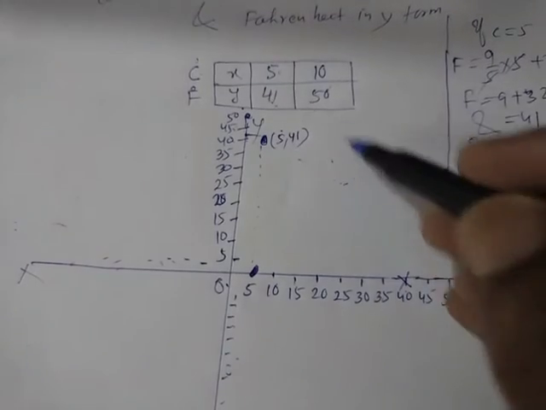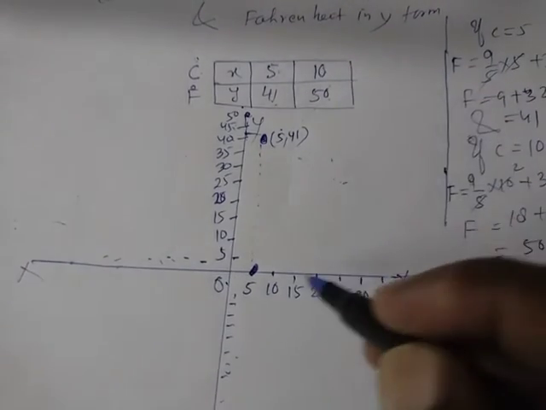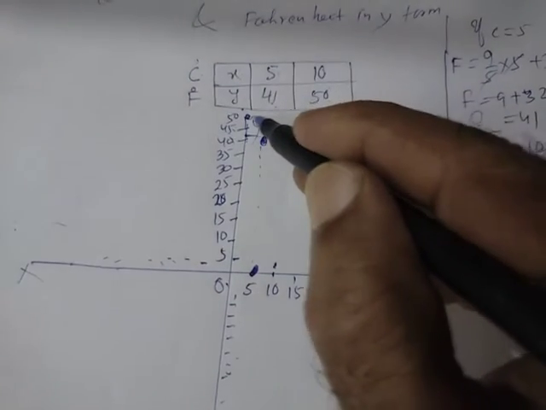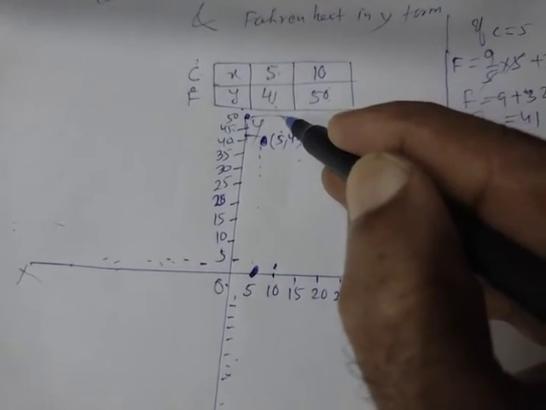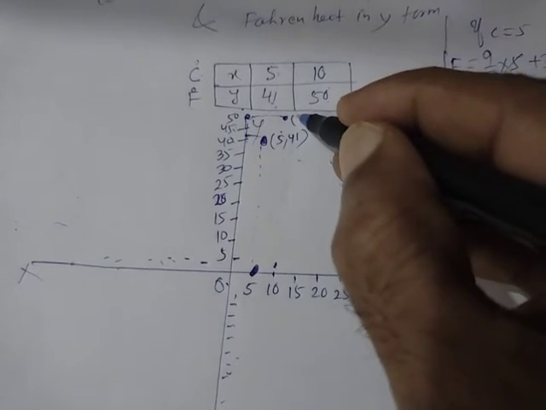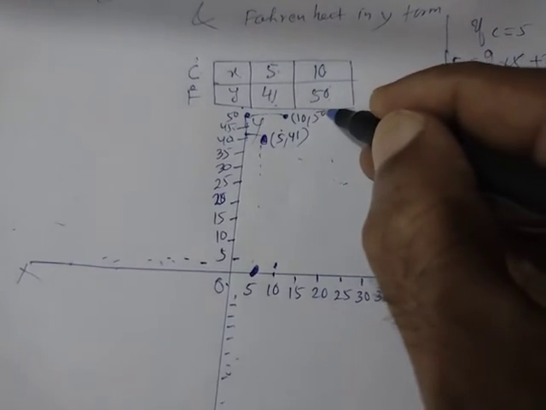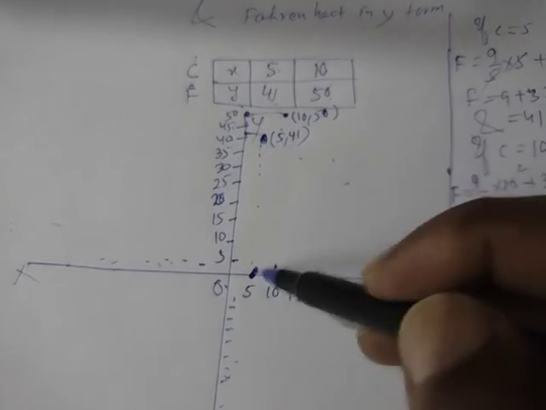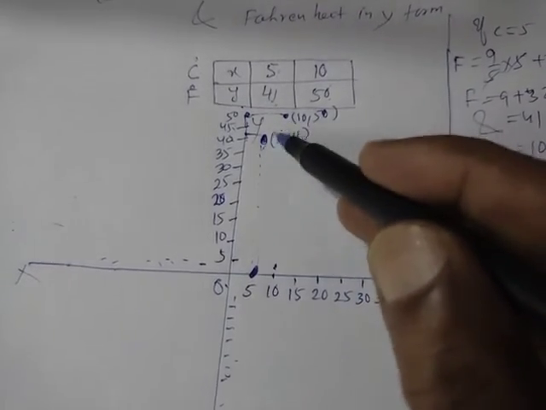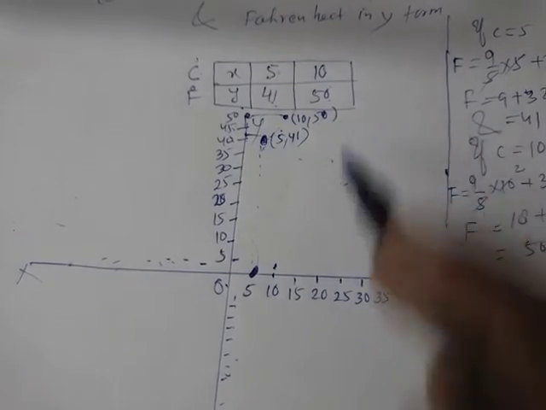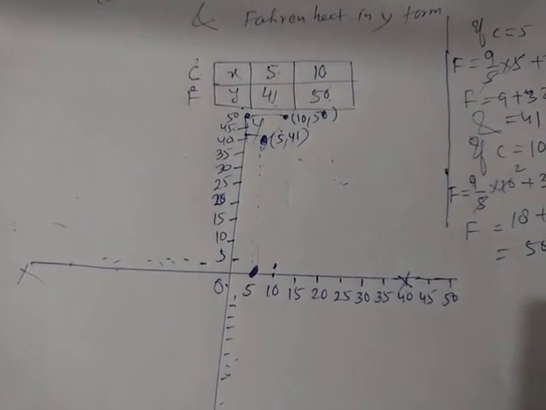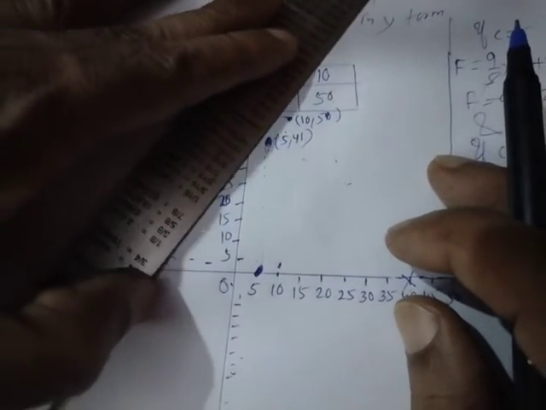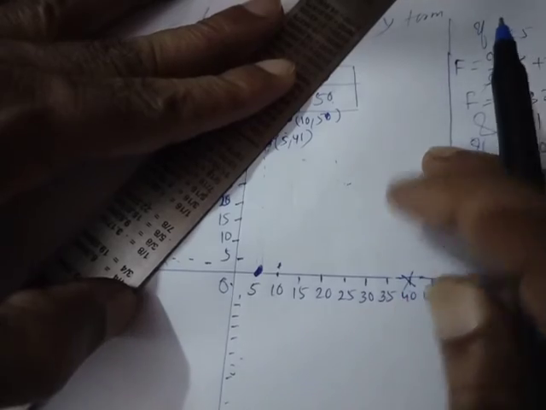Now the second is 10 and 50. 10 is here and 50 will be here. So that is 10 and 50. Okay, so student, you draw the graph. You join these two points.